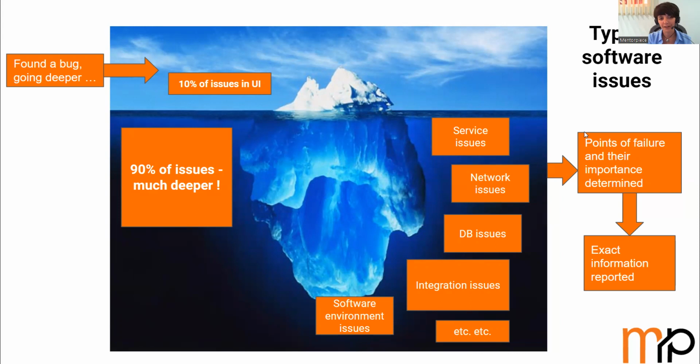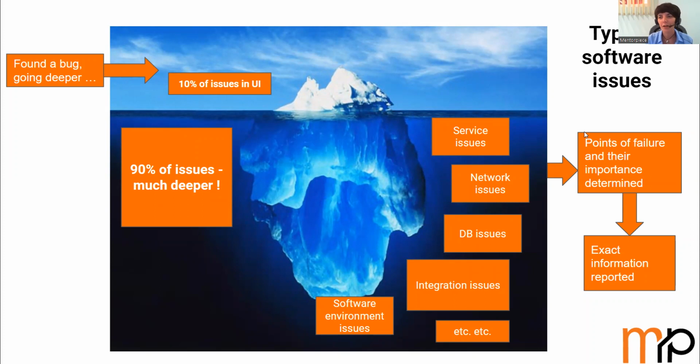So 90% of issues are much deeper than the user interface. These are services issues, network issues, database issues, integration, software environment, etc., etc. And your mission as a tester is not only to be an end user and press some buttons on the user interface.